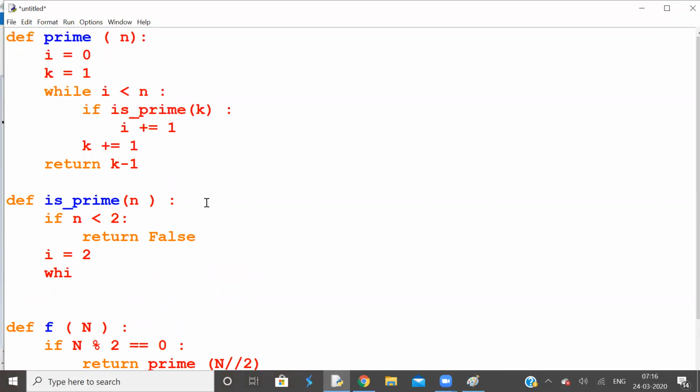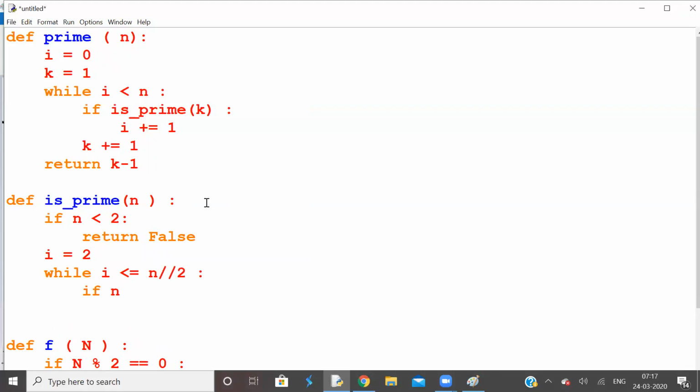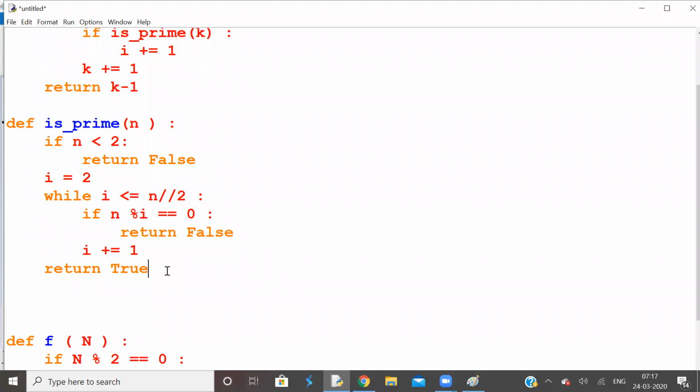While i is less than or equal to half of n, if n is divisible by i, then return false. Else increment i by 1. So after checking all i's which are less than half of n, you return true. Now this completes the prime part of the program.